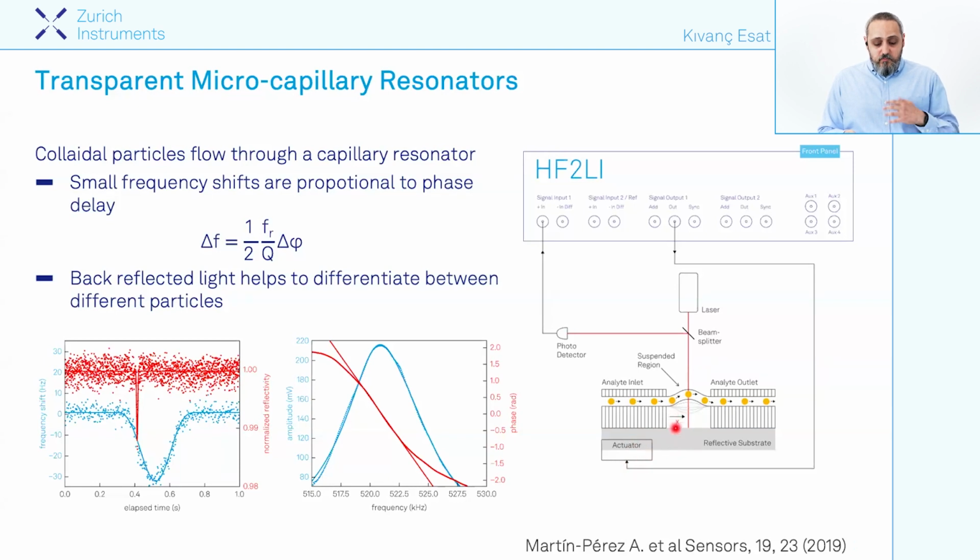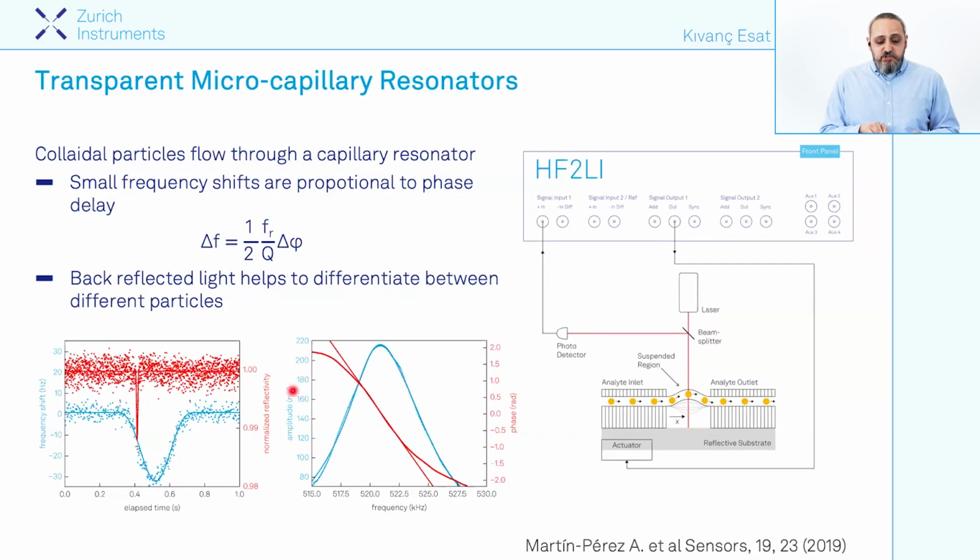And we monitor this actuation by the laser light that we shine on it, and then looking at the reflected light. The blue curve here is the amplitude, and the red curve is the phase response of such a resonator device. The quality factor is not very wide.